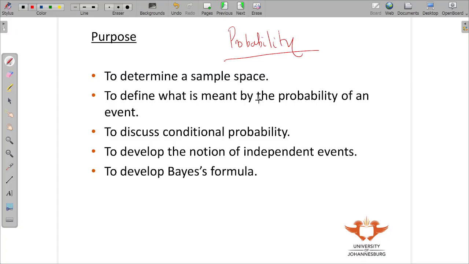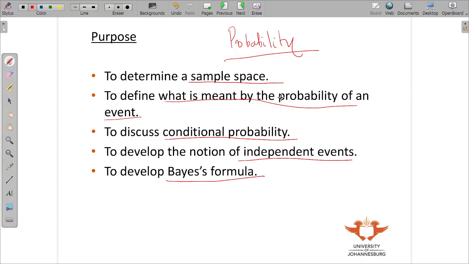And the purpose of this chapter is to determine a sample space, to define what is meant by the probability of an event, to discuss conditional probability, to develop the notion of independent events, and then to develop the Bayes formula.